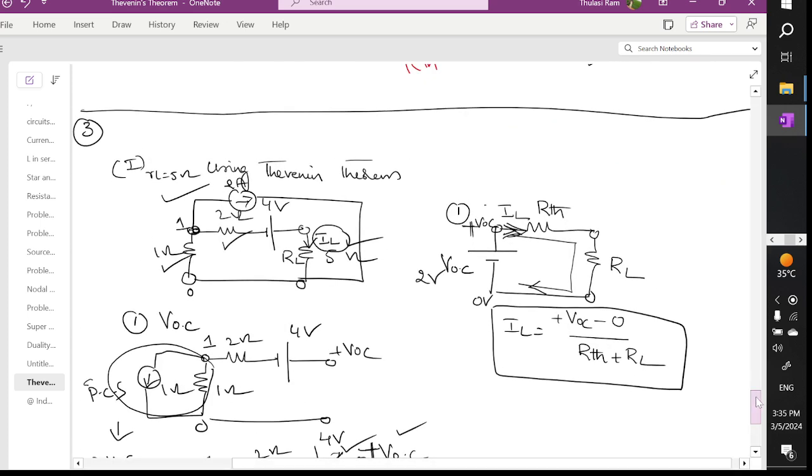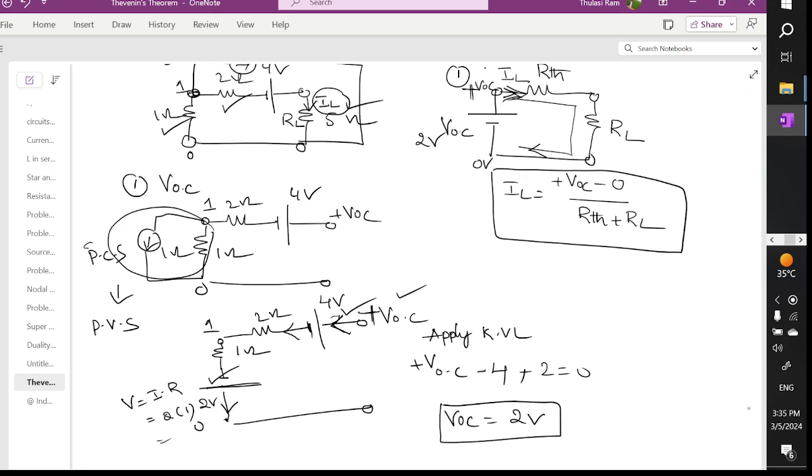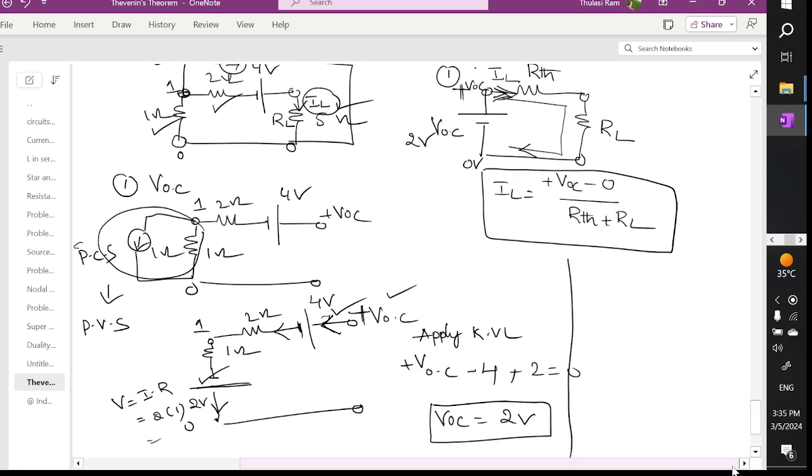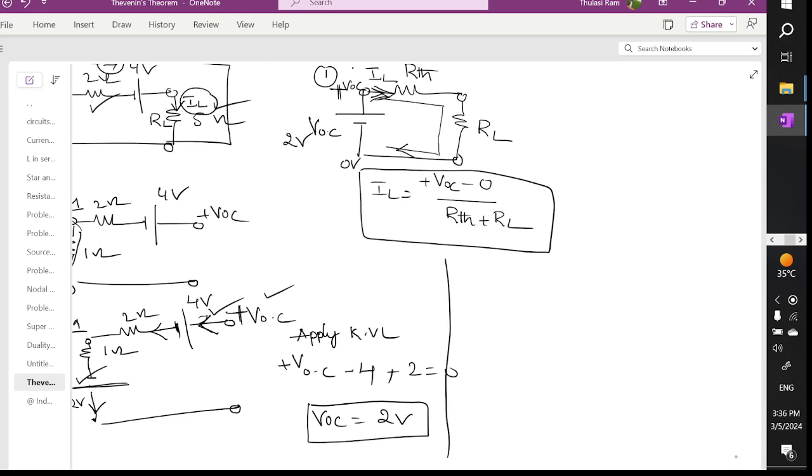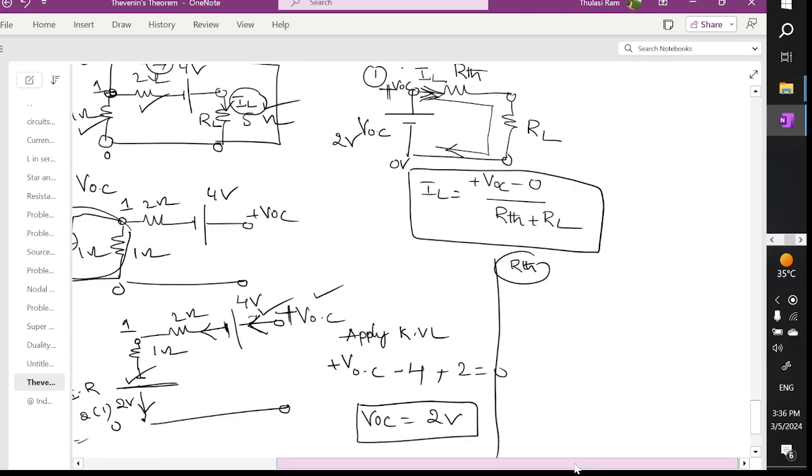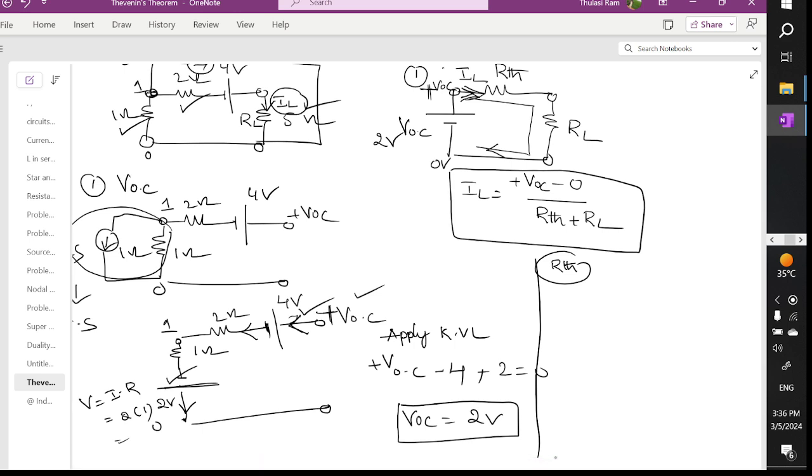Now the second step is finding the Thevenin's resistance. How to find the Thevenin's resistance? See the network, you can understand how to analyze it. For this circuit, you can see here this is a current source with a current of 2 amperes.